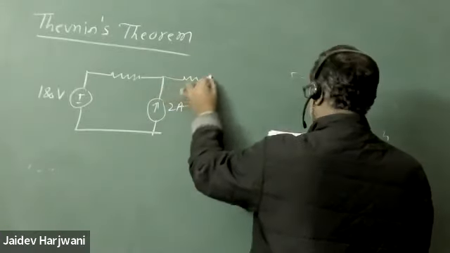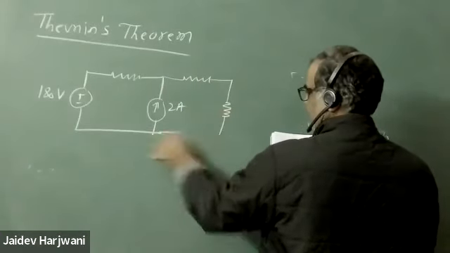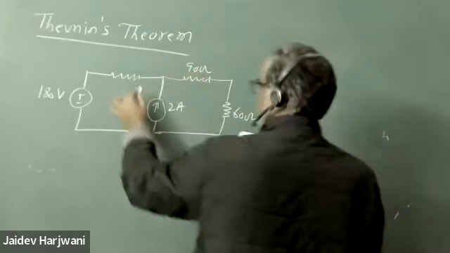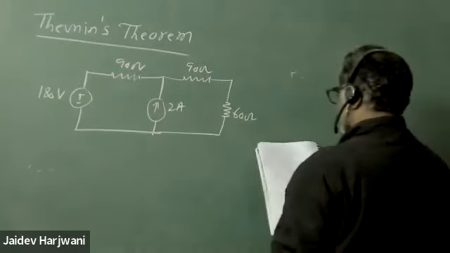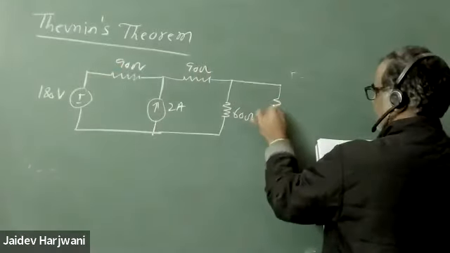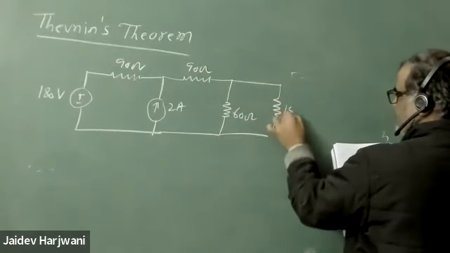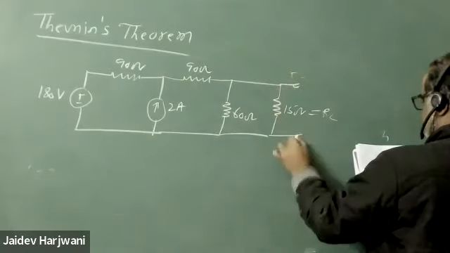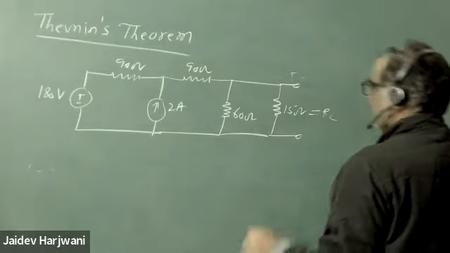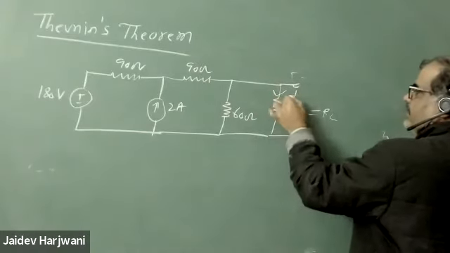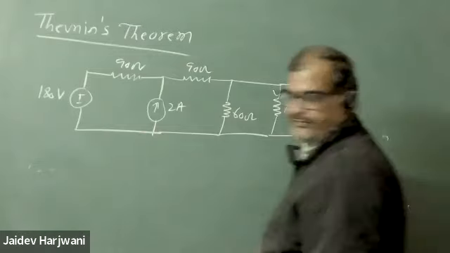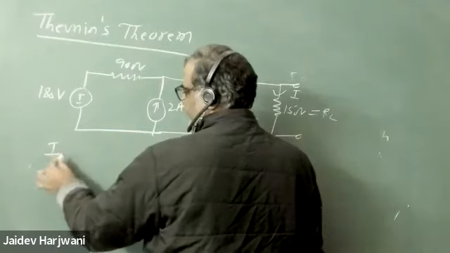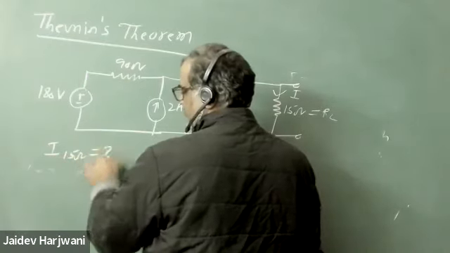I have here one more resistance, 60 ohm, and 90 ohm, 90 ohm, and here I have a 15 ohm resistance, say RL. In the question they're asking, calculate the current I flowing across the 15 ohm. So I through the 15 ohm I need to calculate.